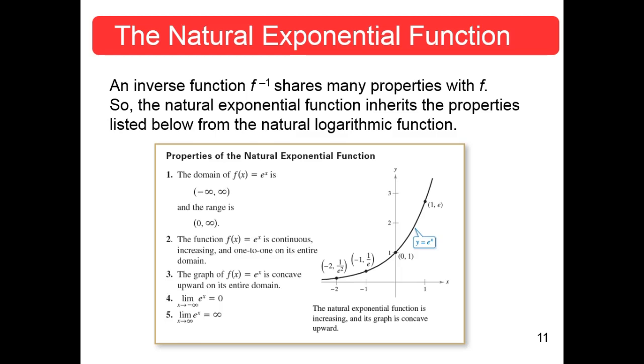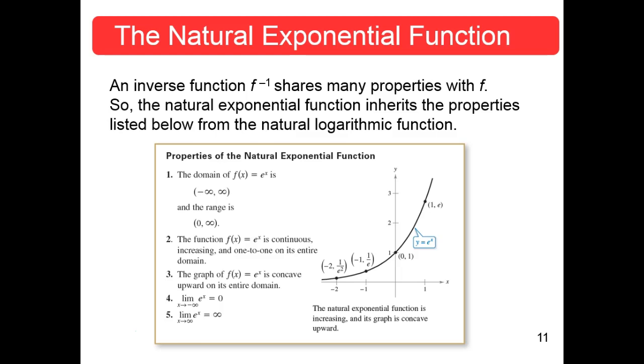The domain of e to the x has to be all real numbers because the range of log x was all real numbers. The range of e to the x is only positive numbers because the domain of log x was only positive numbers. The function f of x equal e to the x is continuous because the log in its domain is continuous. It's increasing because the log was increasing. It's one-to-one because the log was one-to-one.